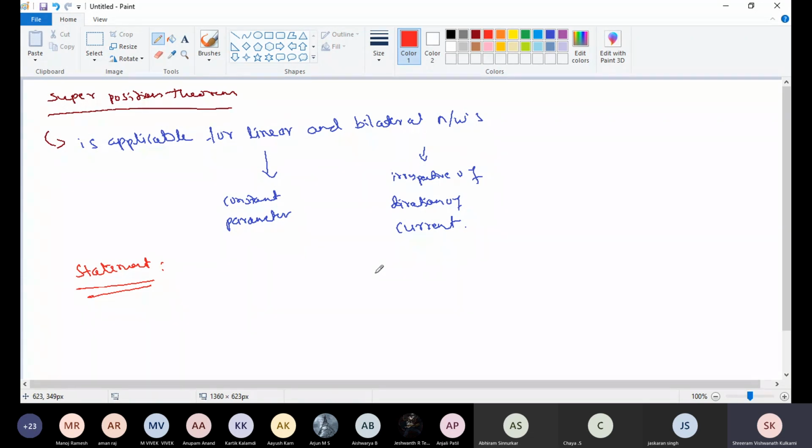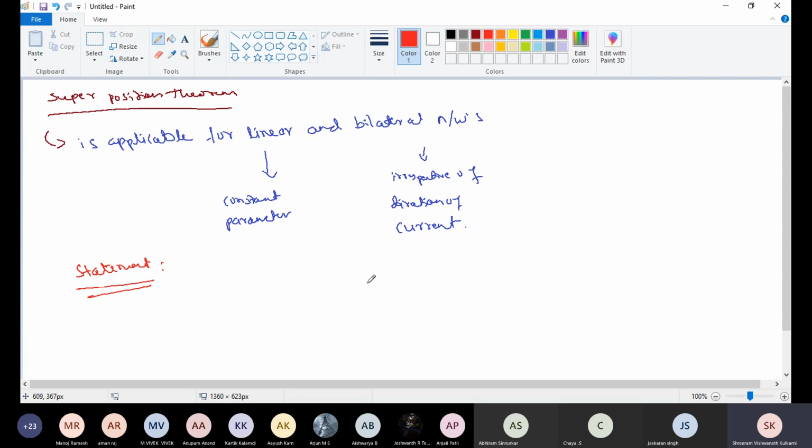It means if I have two sources in a network of linear bilateral elements, the response is the sum of the individual voltages or currents produced by each source acting independently, when all the remaining sources are replaced by their respective internal impedances.